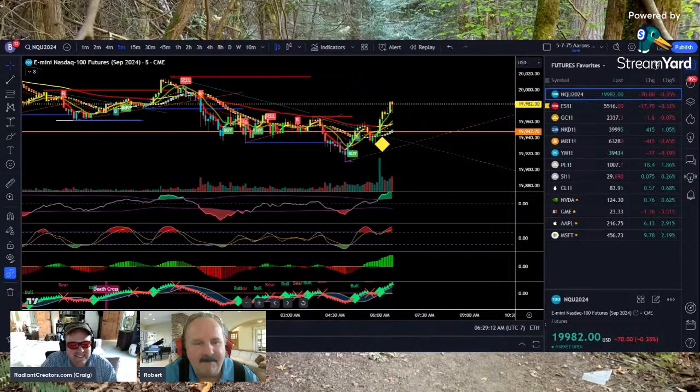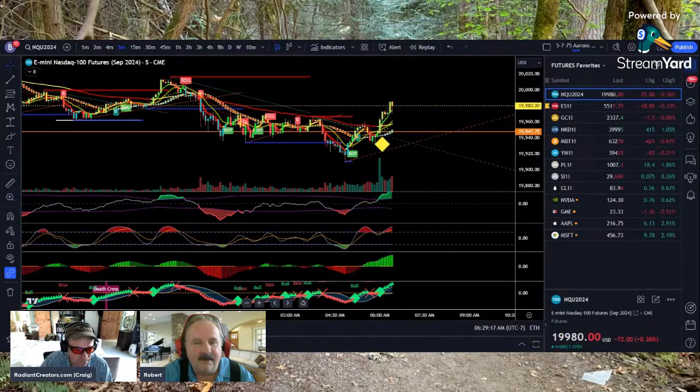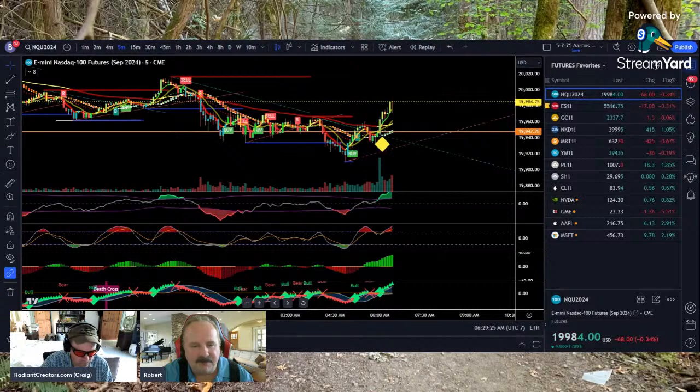So anyway, we have a yellow diamond on the 5-minute. The yellow diamond is kind of an interesting thing because the price was basically blasting through the 75 moving average, which is the formerly red line that became yellow just about the time, or just before, the yellow diamond got painted.